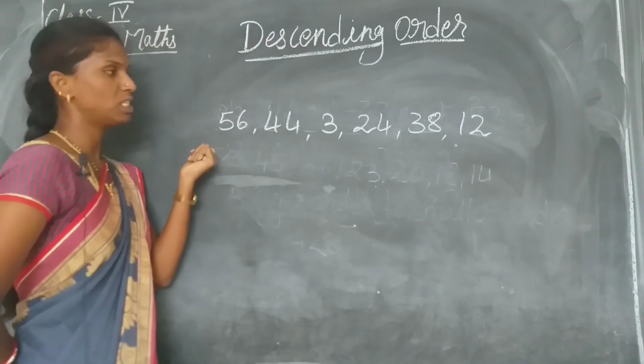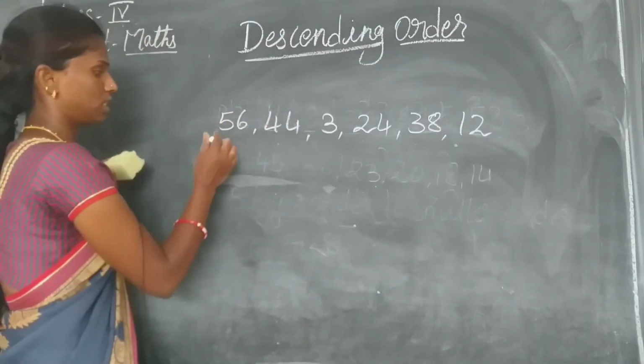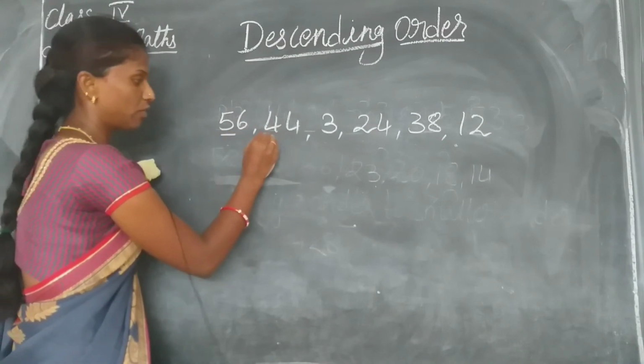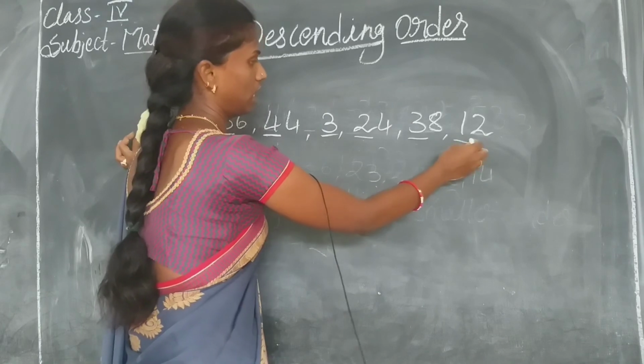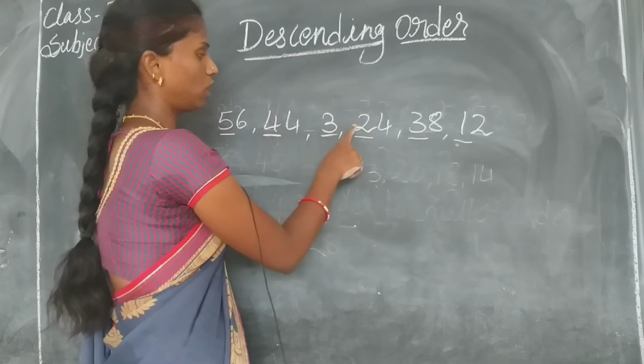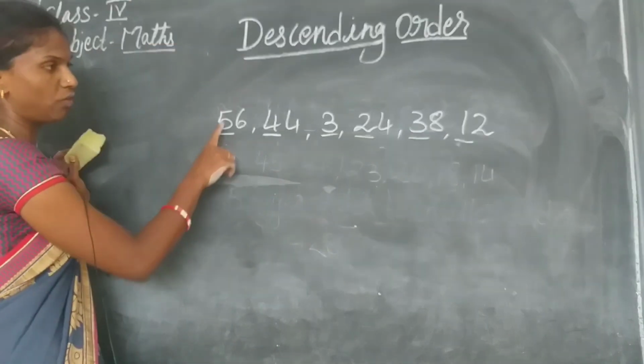Among all these, same, we have to observe the first digit of all these numbers. Here it is 5, here 4, here 3, here 2, here 3, here 1. Among 5, 4, 3, 2, 3, 1, which is the bigger number? 5 is the bigger number.